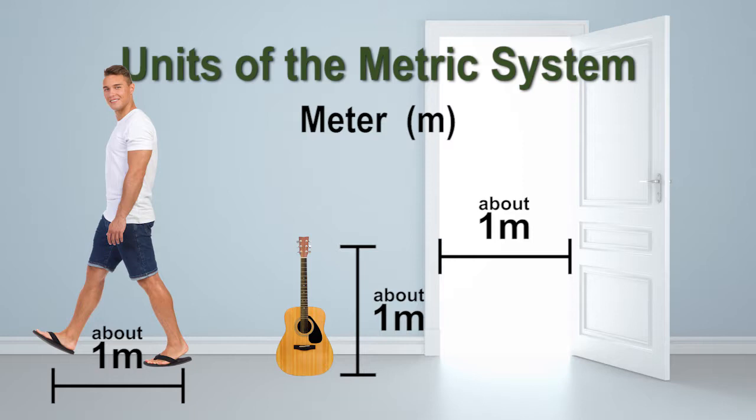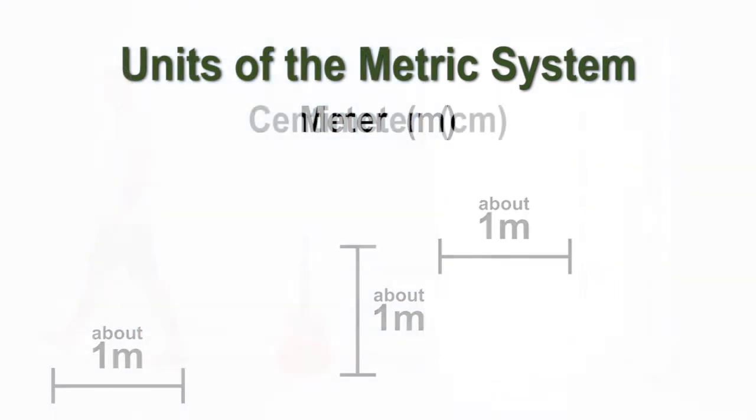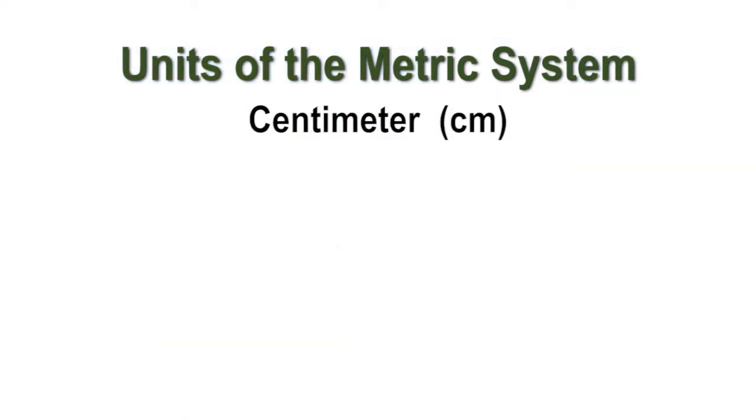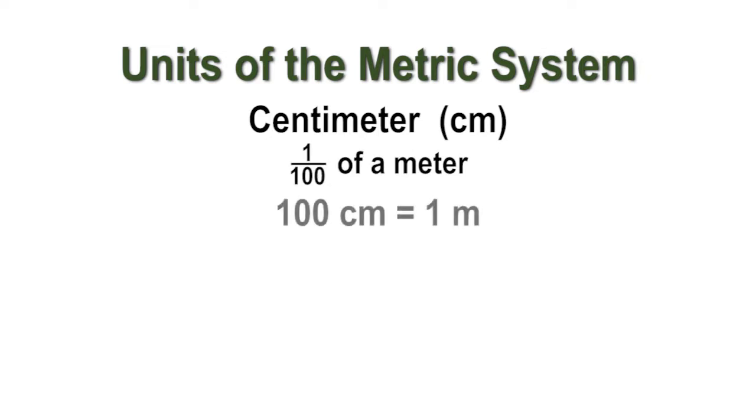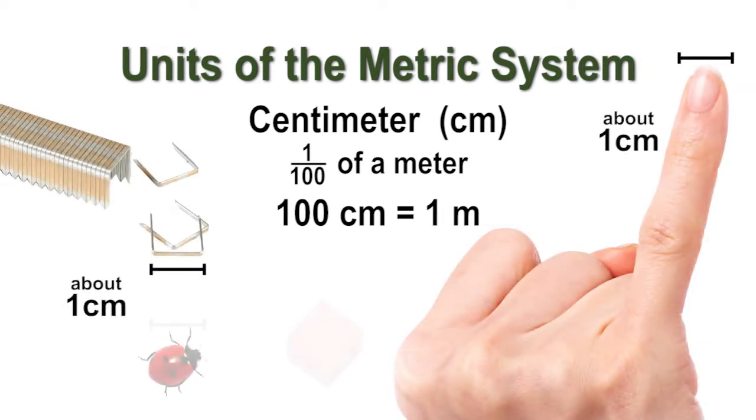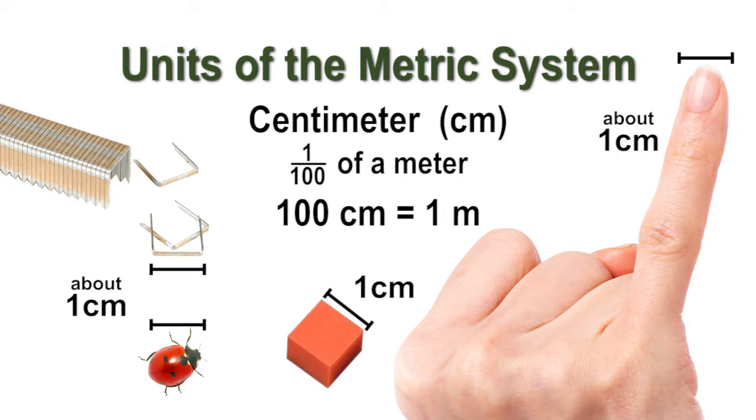Students have learned that a centimeter is a metric unit of length that is only 1/100th the size of a meter. So, it takes 100 centimeters to compose a meter. Centimeters are abbreviated as cm, and they are about the size of the width of a pinky nail, a staple, or a centimeter cube.